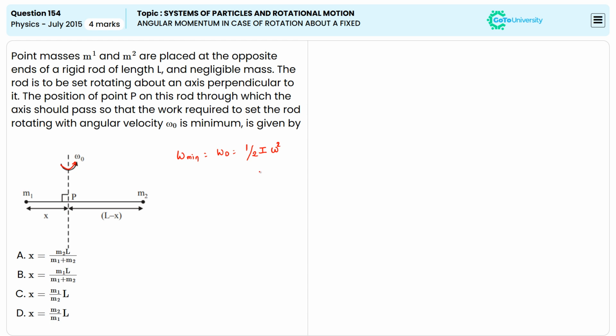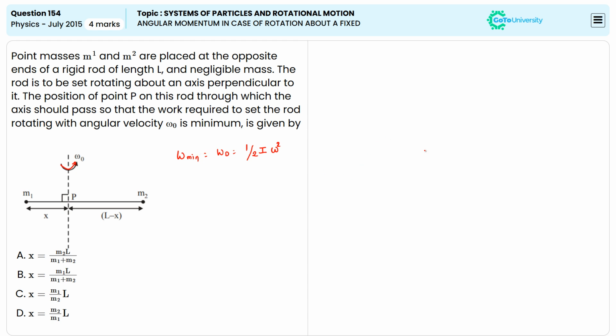When I is minimum, the work is also minimum. The moment of inertia is minimum when the axis, perpendicular to the rod, passes through the center of mass. Then we get the minimum work.